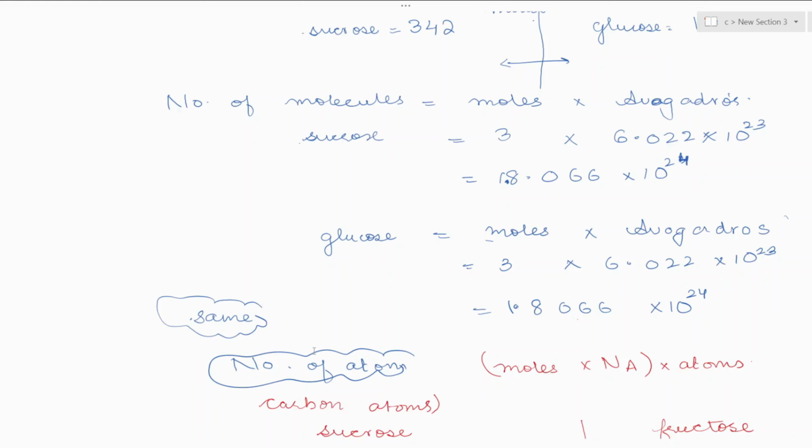Now write it for number of atoms: moles into 6.022 into 10 raised to the power 23, multiplied by number of atoms, whatever is asked in the question.